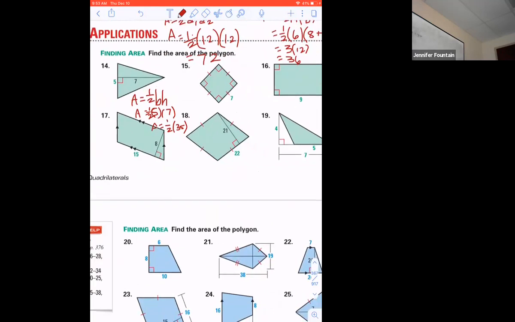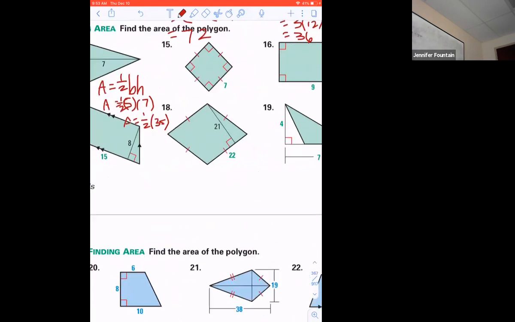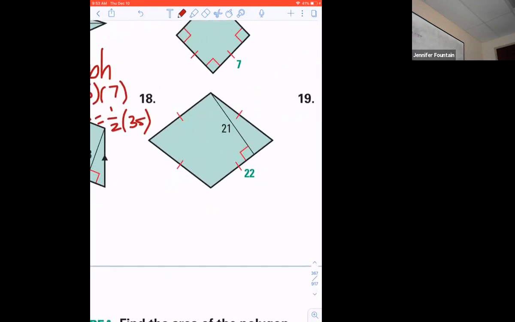So numbers 14 through 19, it's either going to be a square, a triangle, a rectangle, or a parallelogram. Those are the formulas you're using here. Look at number 18. What kind of shape is this? A rhombus.